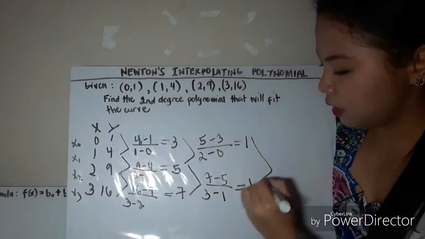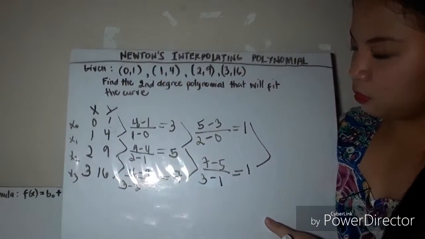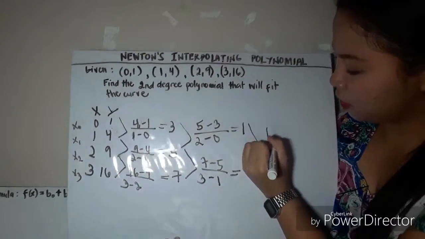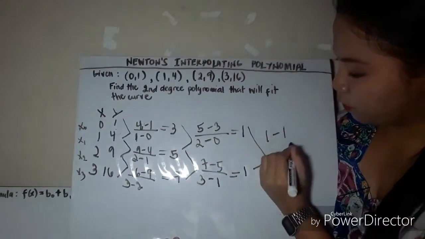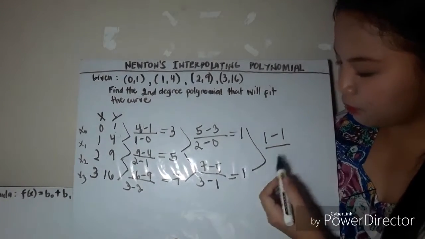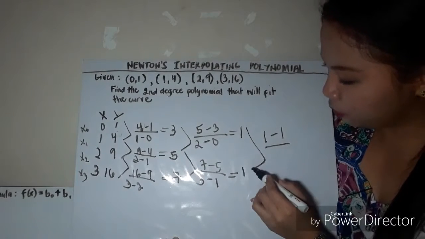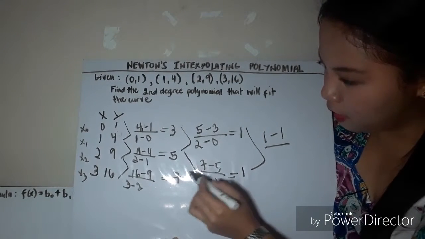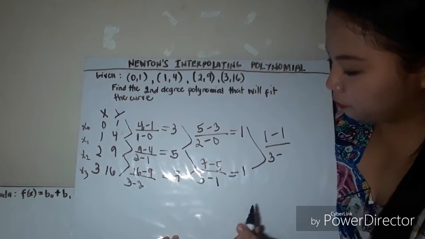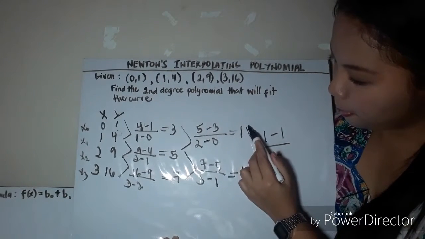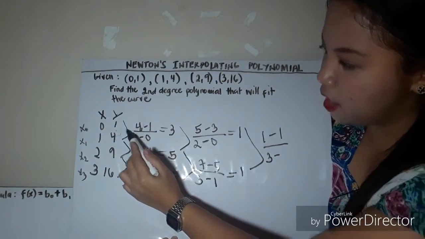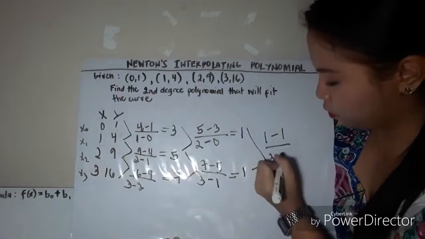Then combining this again, 1 minus 1 over the denominator. Following the step, down, left, so 3, minus up, left, up, so 0.